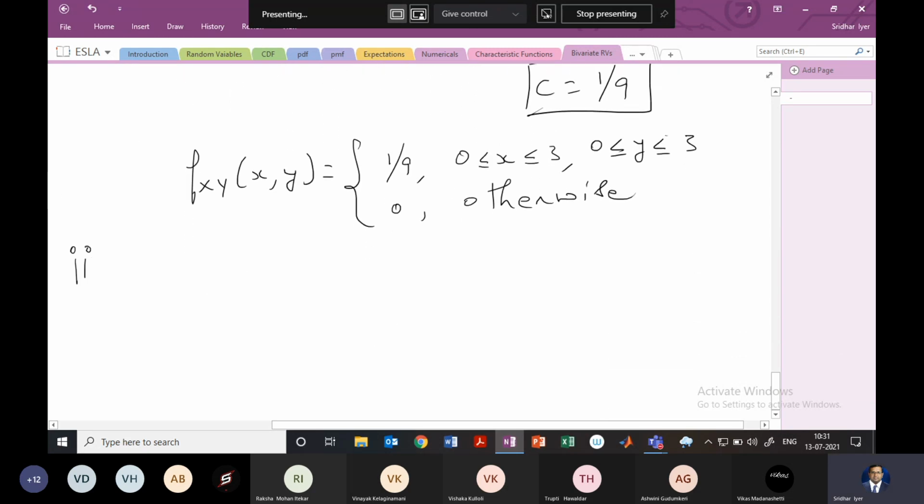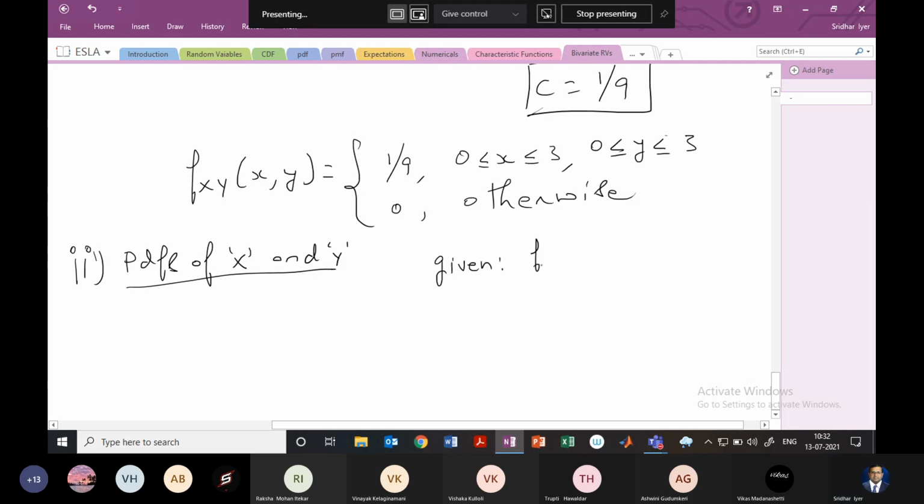Next part. In the next part, we need to find the PDFs of X and Y. What we are given is a combined PDF, a bivariate PDF, but we need to find the individual PDFs. Please understand this. We are given fxy of x comma y.